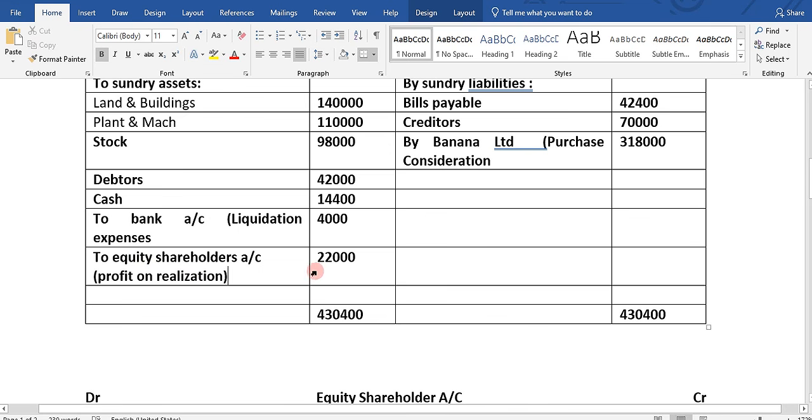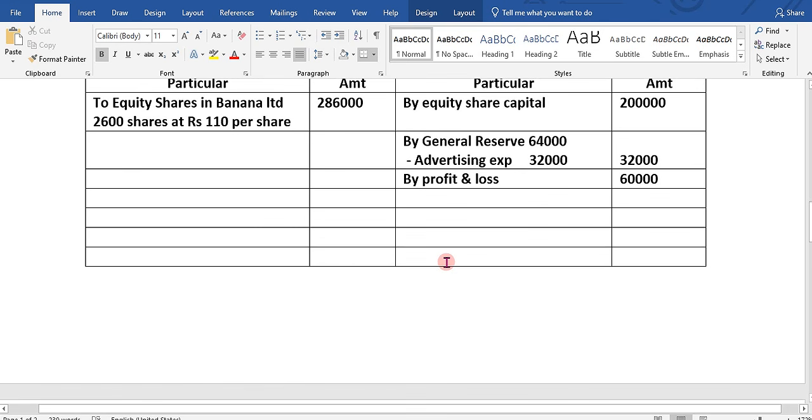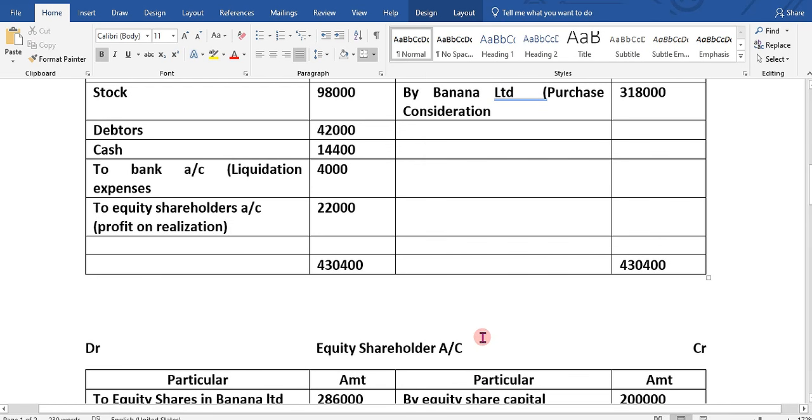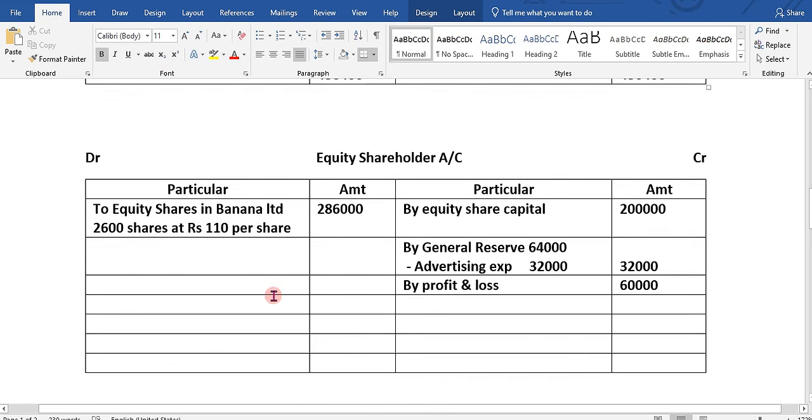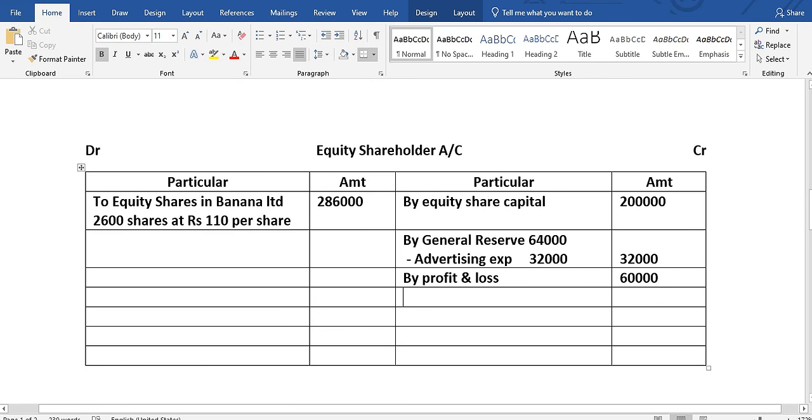So this profit on realization is to be transferred to equity share account, that will be here to the credit side. See here, once we are debiting, the other account will be credited. So here will be by realization account, that is 22,000.